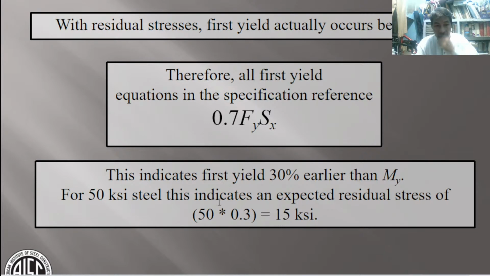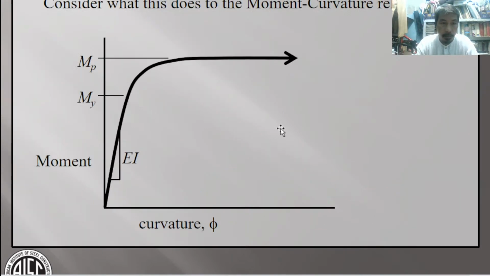For 50 ksi steel, this indicates an expected residual stress of 50 times 0.3, that is 15 ksi. That is the residual contribution, right? Then consider what this does to the moment curvature relationship. As you can see, My is 30% lower.